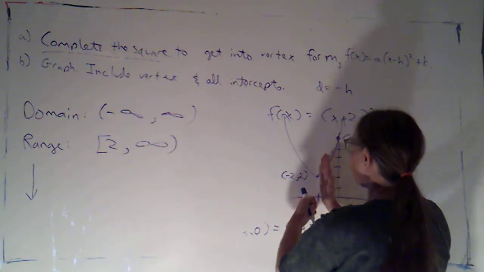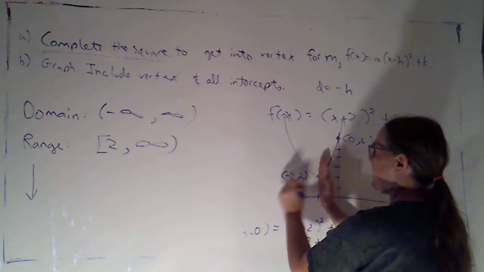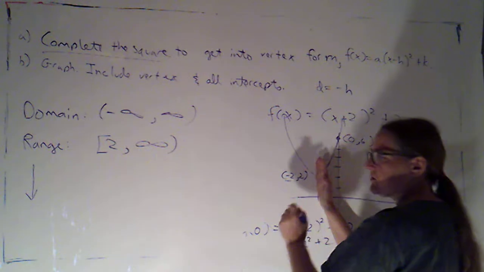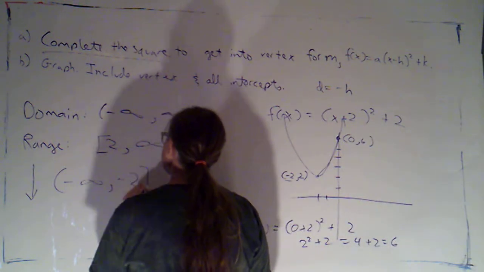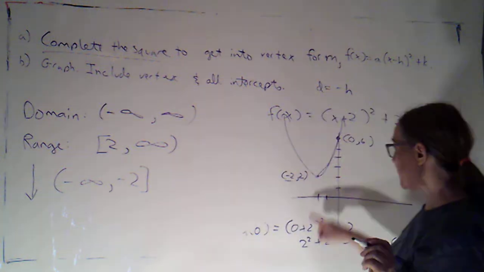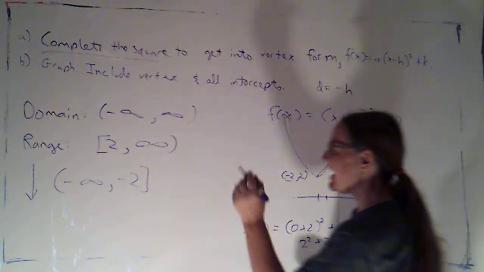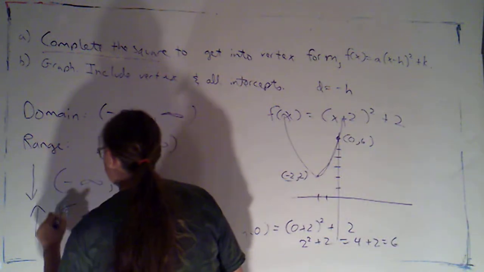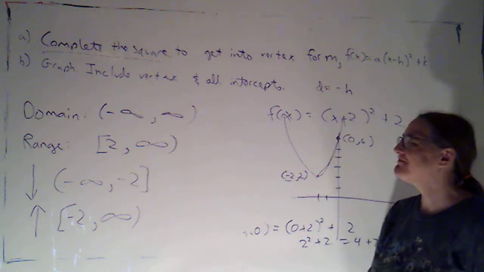But if I look at the x values, until we hit the vertex, which has an x value of negative 2, we're decreasing. So I could say we're decreasing from negative infinity to negative 2. And remember, we can include that finite endpoint in our answer. And then we're increasing from negative 2 to infinity.